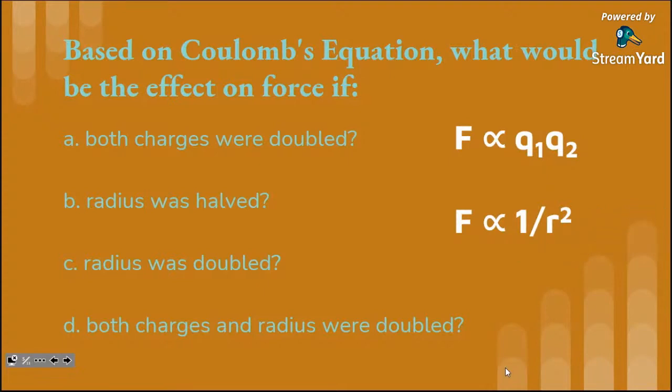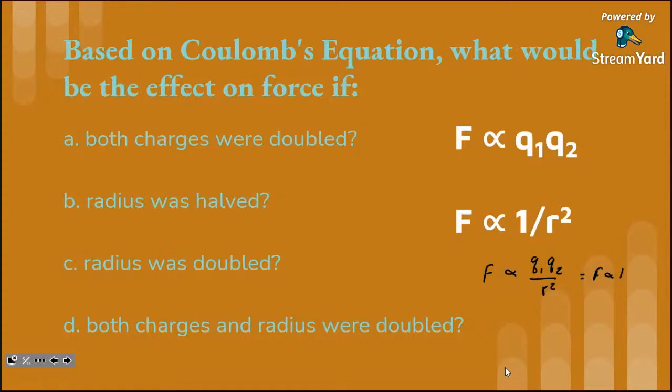And then lastly, what if both charges and radius were doubled? Well, this is where we have to combine these two proportionalities and get that force would be proportional to Q1 times Q2 all over R squared. And again, if I start out assuming that everything has a value of 1, then force would be proportional to K times 1 when we plug it back into the equality.